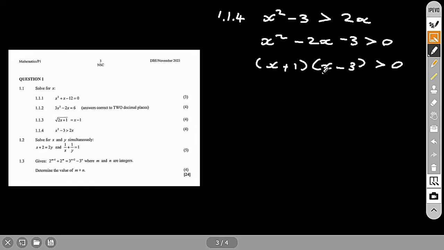Just say x times x is x squared. 1 times x is positive x, and then maybe x times negative 3 is negative 3x, so you see negative 3 plus positive x and so on. That's simple guys.